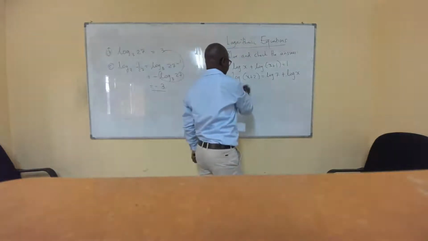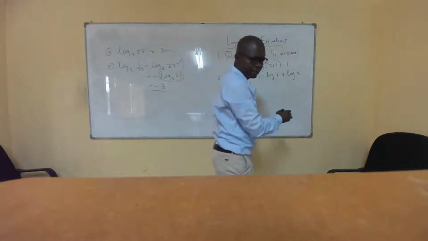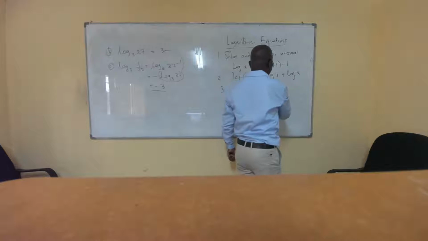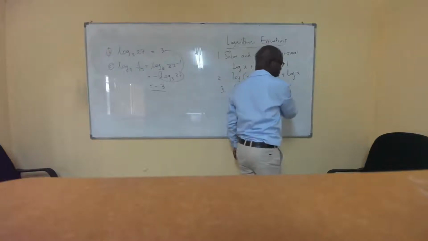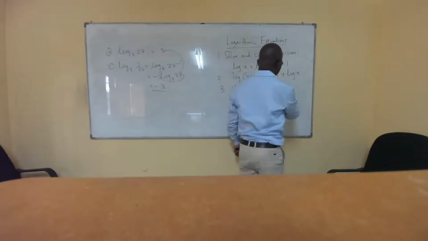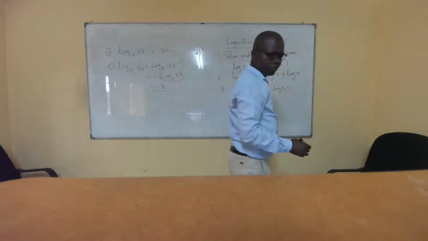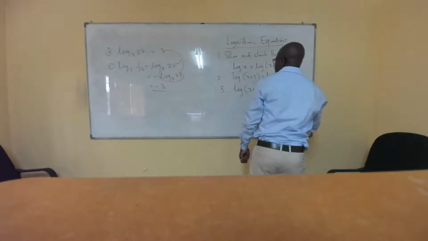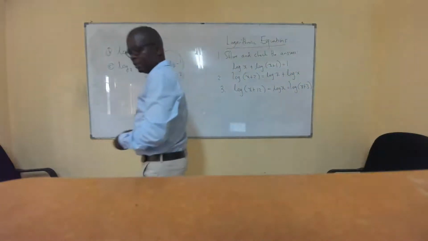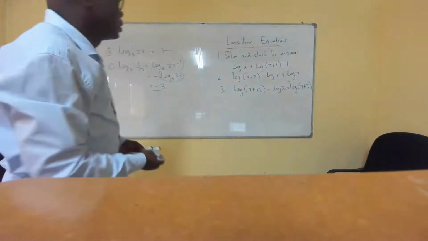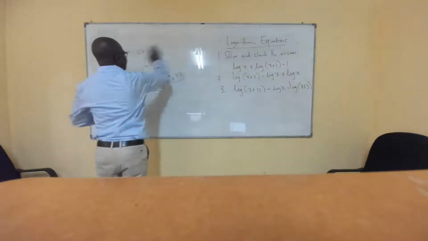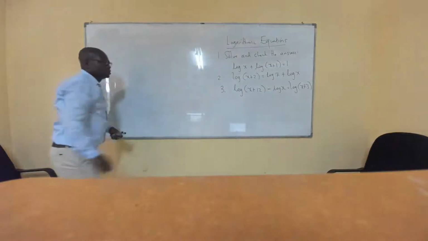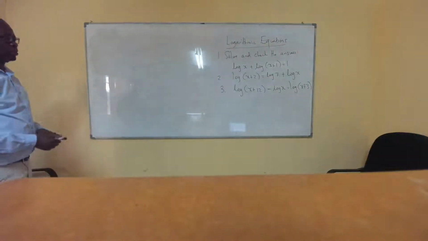So log (x plus 12) minus log of x is equal to log of (x plus 3). So we can try to solve these logarithmic equations because each equation involves logarithmic functions.